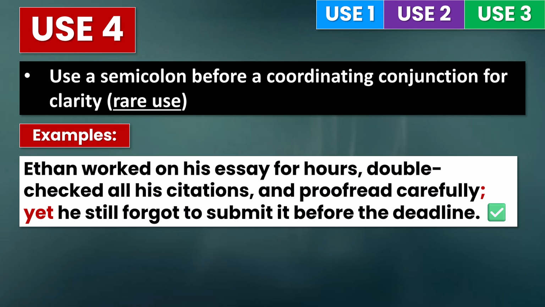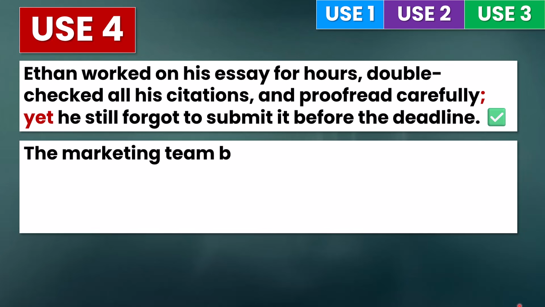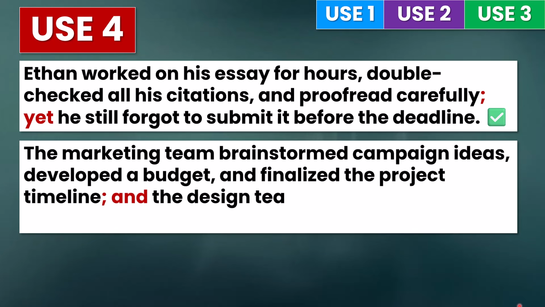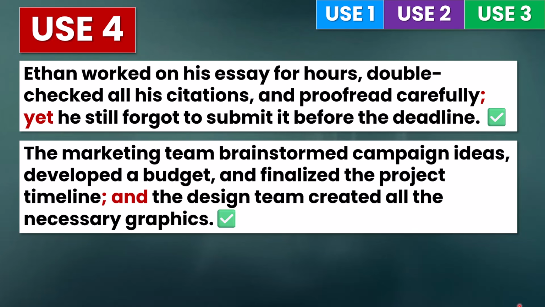Let's look at another example. The marketing team brainstormed campaign ideas, developed a budget, and finalized the project timeline; and the design team created all the necessary graphics. So once again here, the first clause already contains commas and the coordinating conjunction and within this first list.